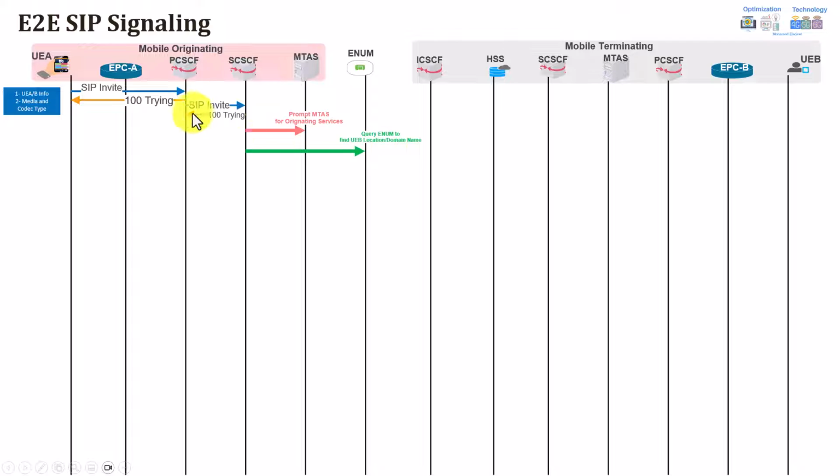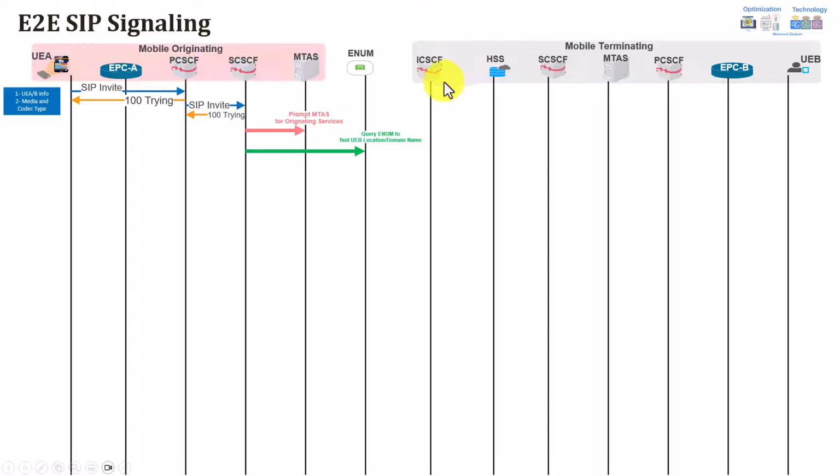This is the information for the user, please translate or resolve the number into a domain name or, for example, an IP address, and DNS might also be a part of this process. So this is a main function, and we already discussed this in the previous session. Once it got the information about the user B location or the terminating, now the S-CSCF will be sending the same invite message to the interrogating CSCF for the terminating.